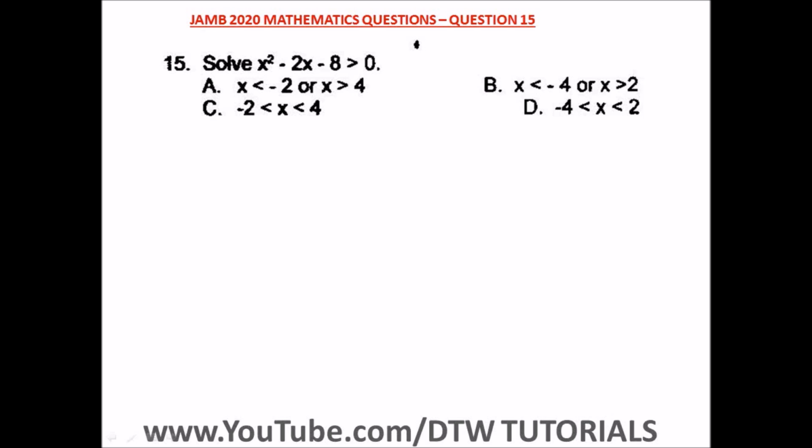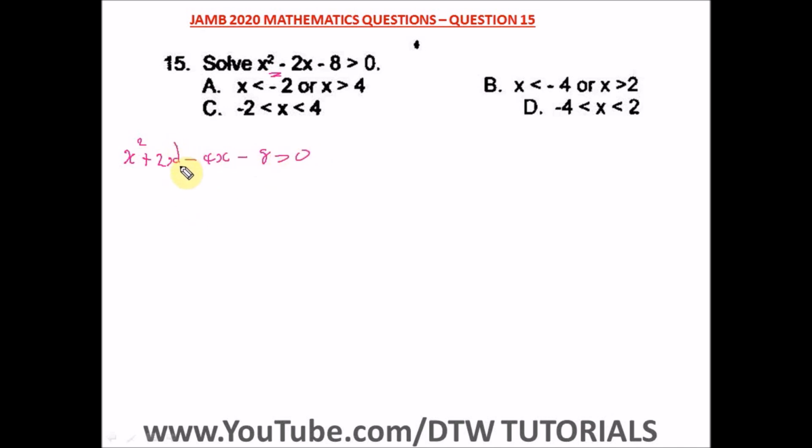Now this is a quadratic equation. For us to solve for x, we have to find the product root and the sum root to make this fully a quadratic equation. So getting the product and the sum root, we can therefore say that this is equals to x squared plus 2x minus 4x minus 8 greater than 0.